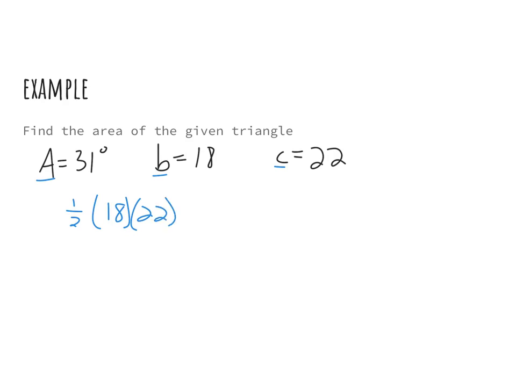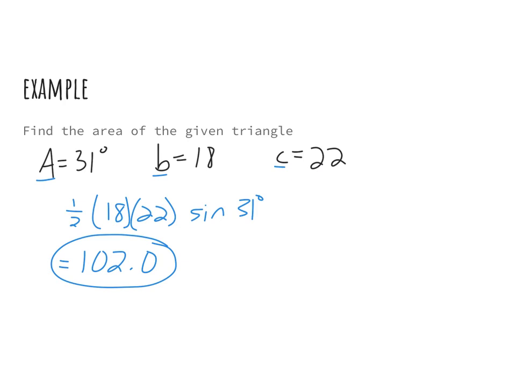So 18 times 22 times the sine of our angle measure of 31 degrees. And if I type that into my calculator, I get an answer of 101.97. Well, the 7 is going to round the 9 up, so it's actually going to be 102.0 is our area. When it rounds up like that, make sure we include that 0 as our answer to show that it has been rounded.